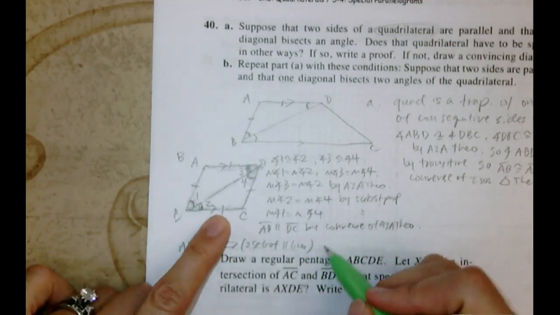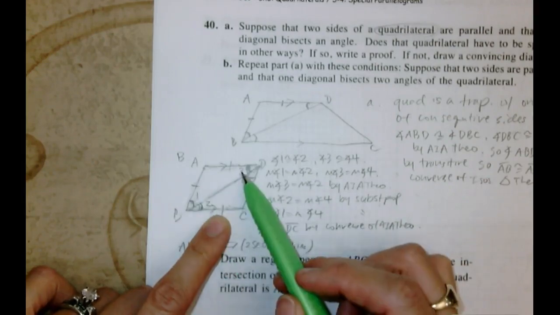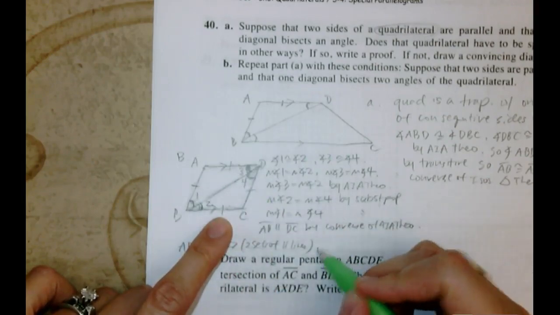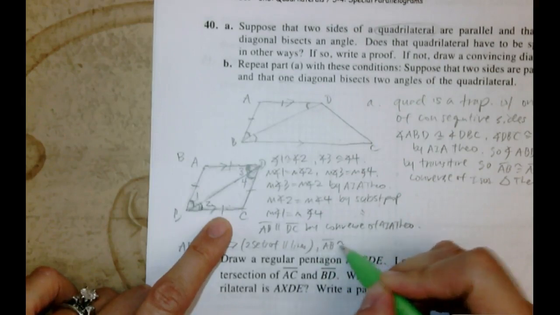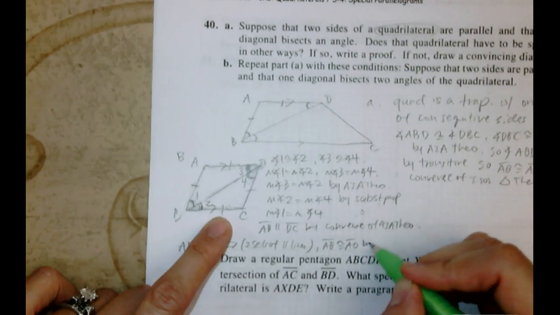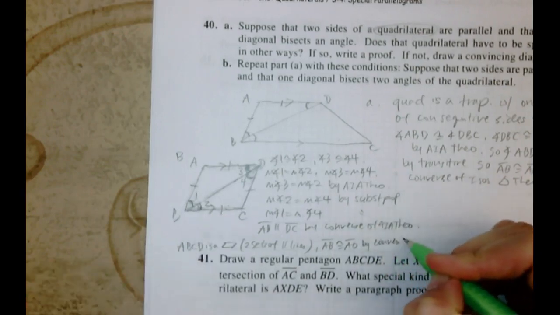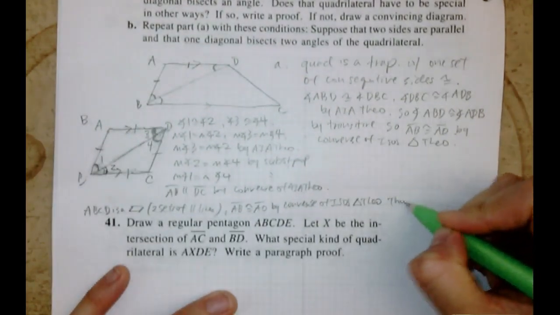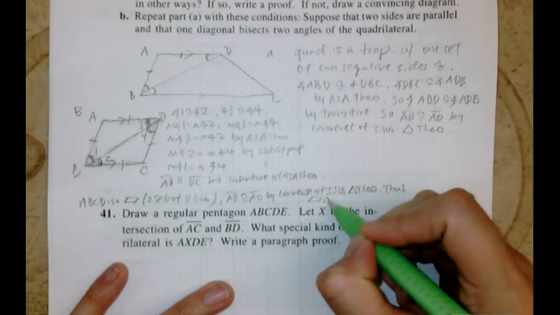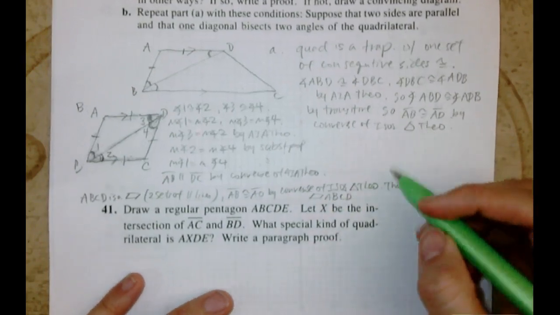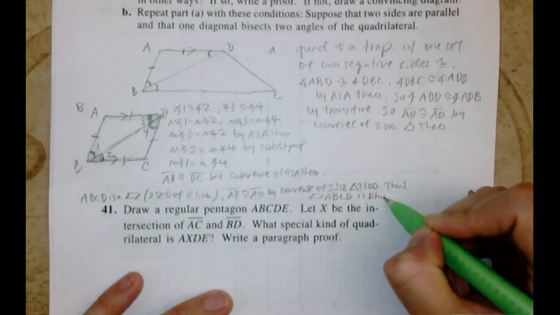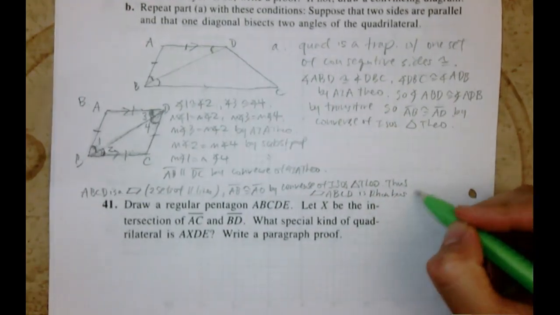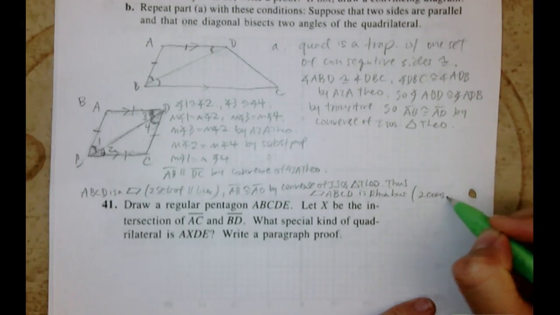And then because measures of angle 1 and 3 are equal, you can say that AB is congruent to AD by the converse of the isosceles triangle theorem. Thus parallelogram ABCD is a rhombus, and two consecutive sides are congruent.